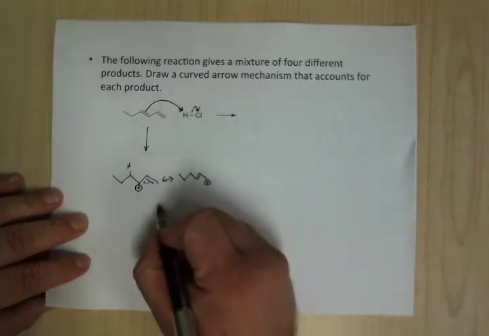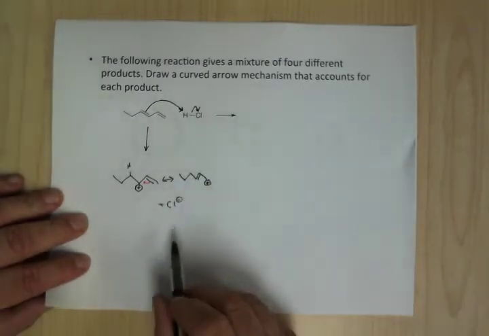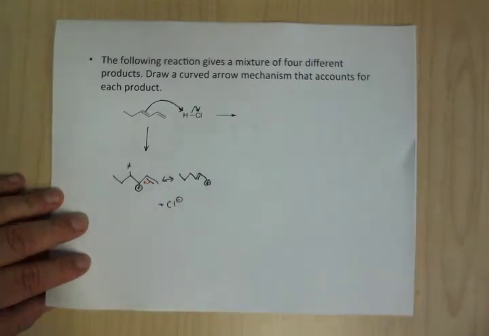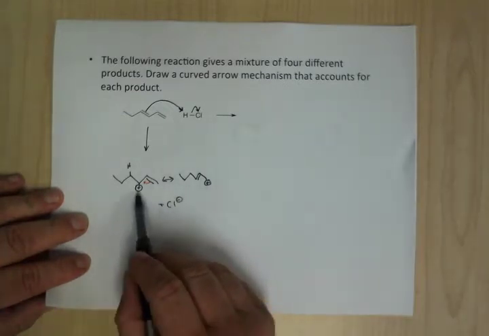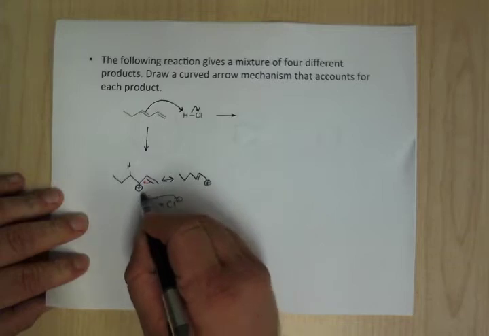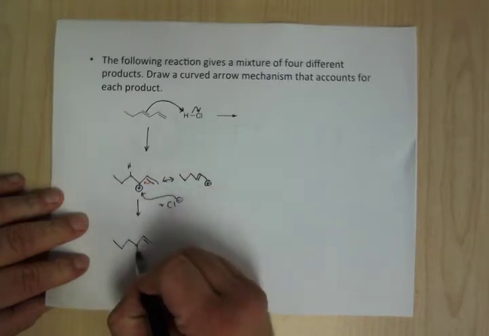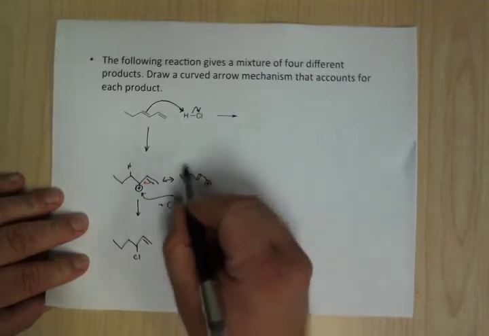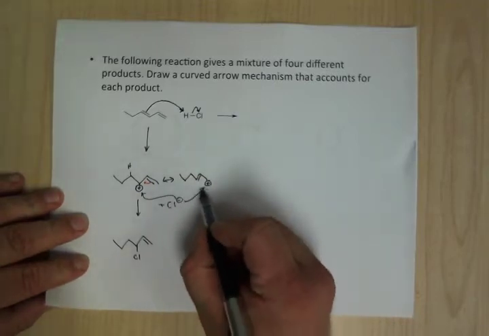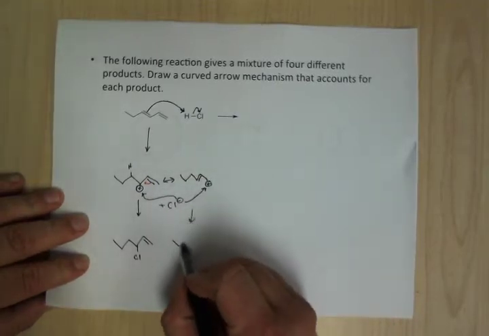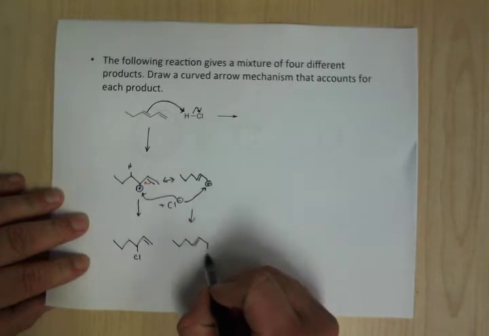Remember we had a Cl minus. If the chlorine encounters this version, it's going to attack there to make this product. If it sees this resonance structure, it's going to attack there to make this product.